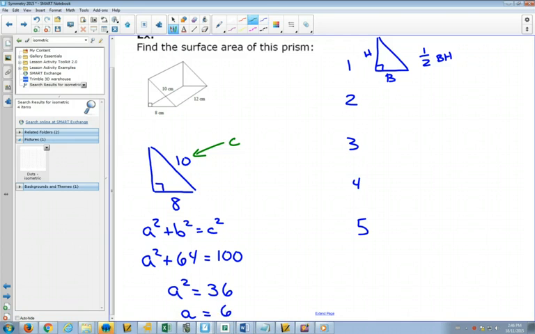So now we figured out that this side has to be 6. So when we go to our first shape, which was a triangle, it's 1/2 base times height, the base is 8, the height is 6, and we multiply these together, and we get the area of that side is 24.